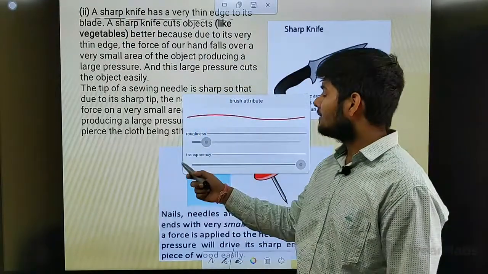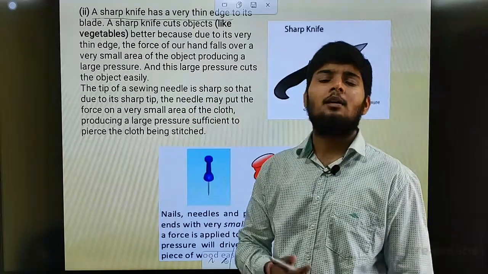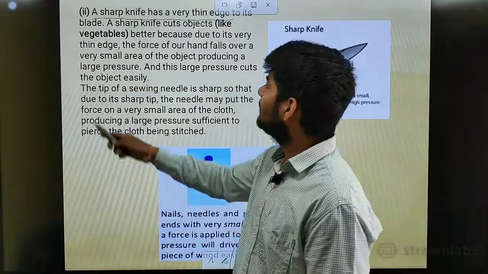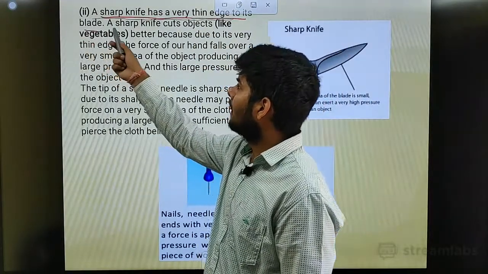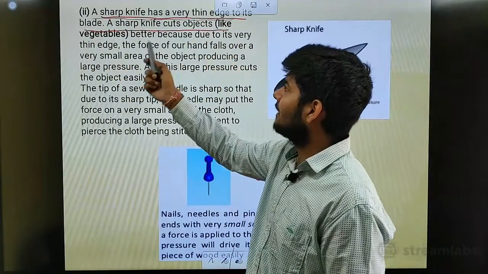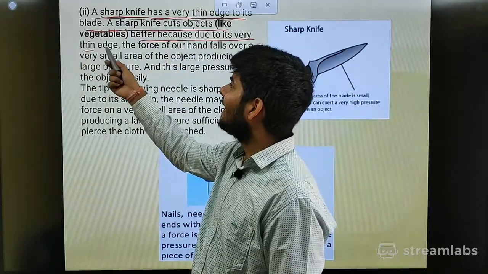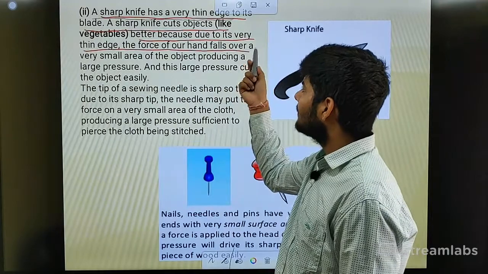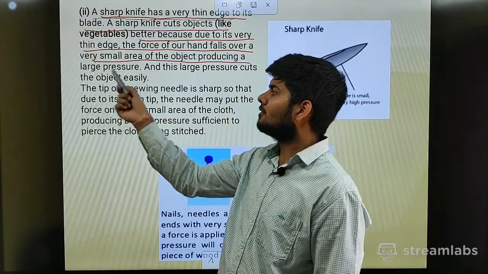Due to this thin edge, you can easily cut objects, for example vegetables and fruits. A sharp knife cuts objects like vegetables better because, due to its very thin edge, the force of our hand falls over a very small area of the object, producing a large pressure.